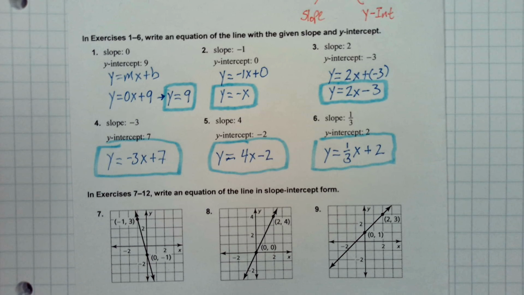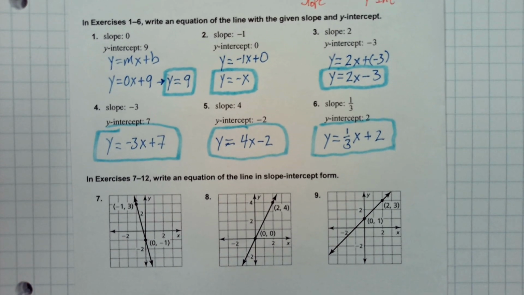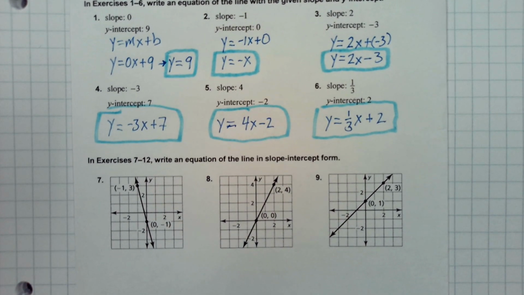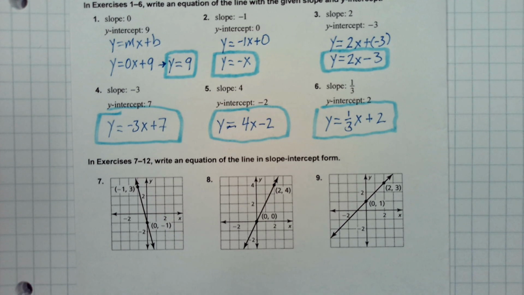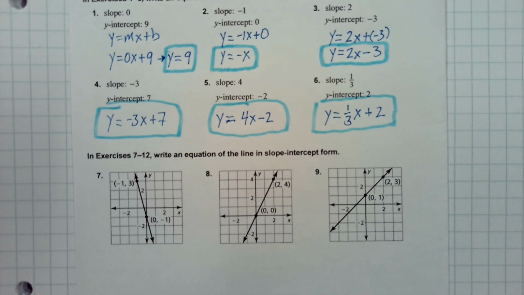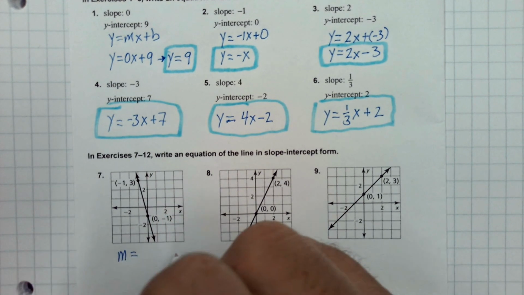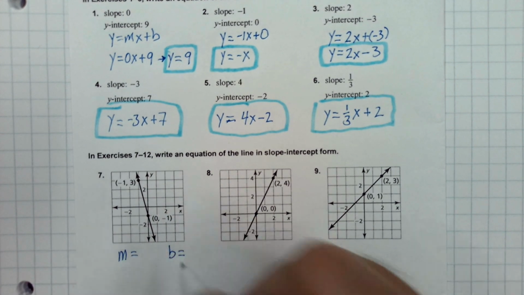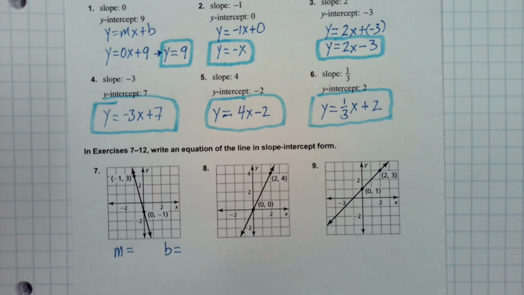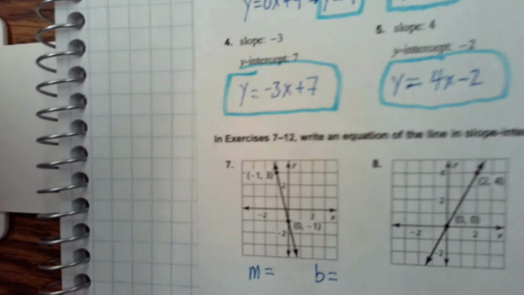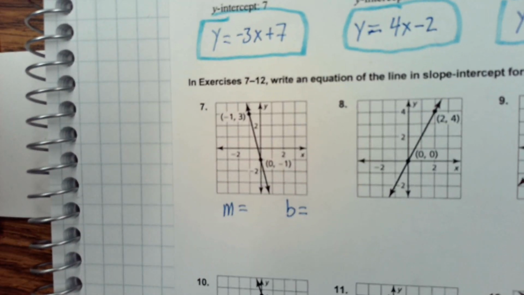So now let's take a look at some graphs. So we have a graph here, right? And we're hunting down two pieces of information. Slope and y-intercept. So let's kind of really look at number 7.